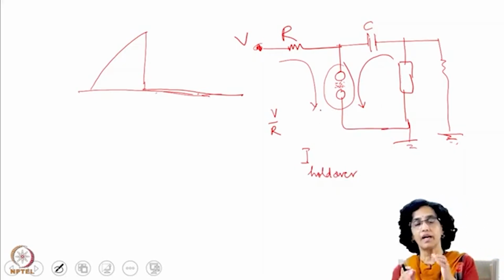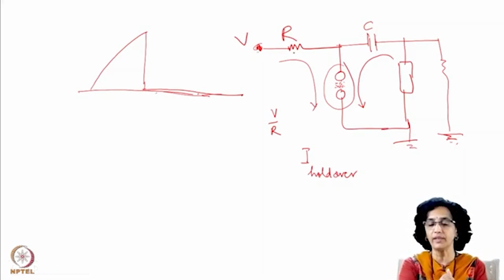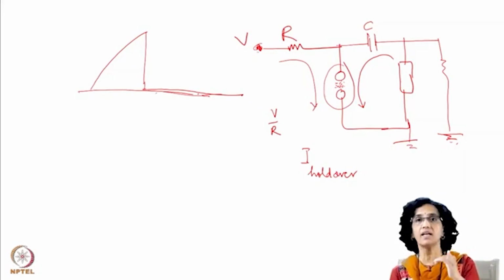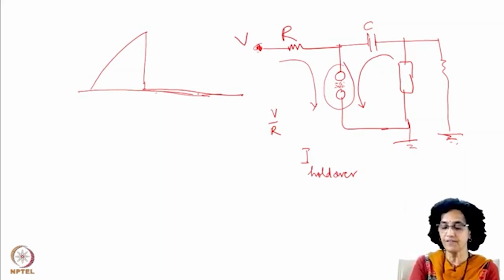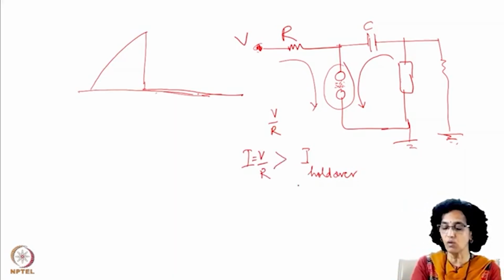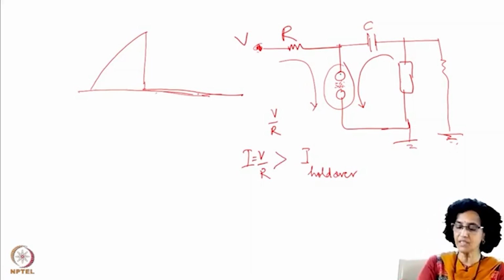So the current flowing from the voltage source into this switch has to be less than the holdover current. If the current V by R is greater than the holdover current, then this switch will never recover. That means your R has to be large. Then only this current will be smaller.